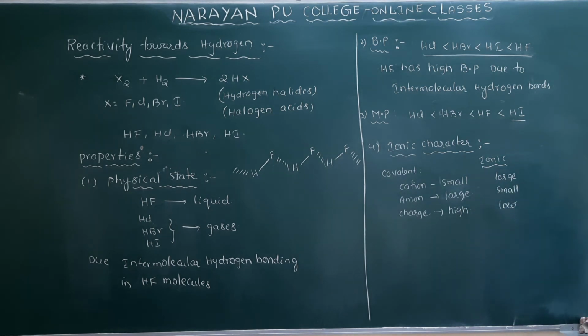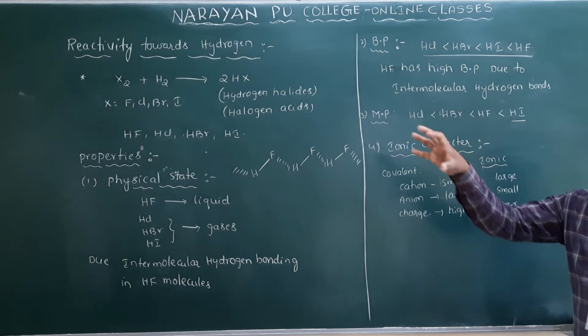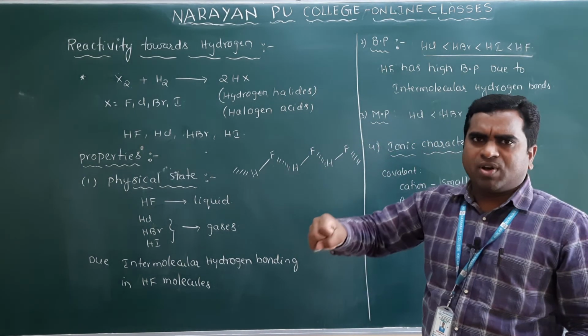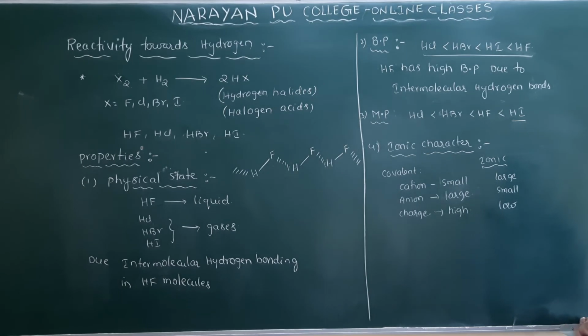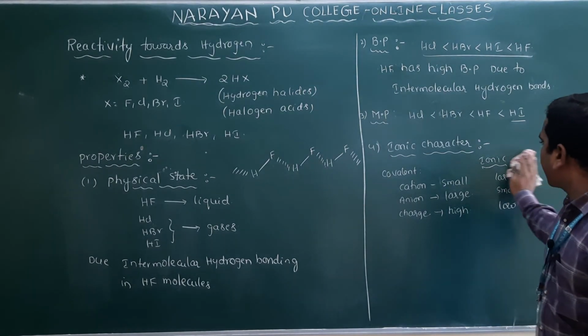If the cation is small, it will have high polarizing power, so it will show covalent character. So this is reverse.